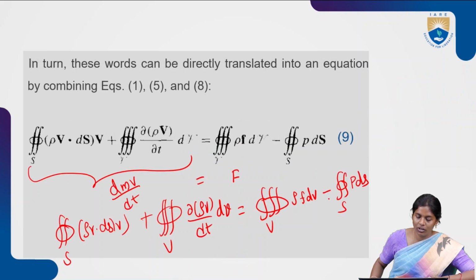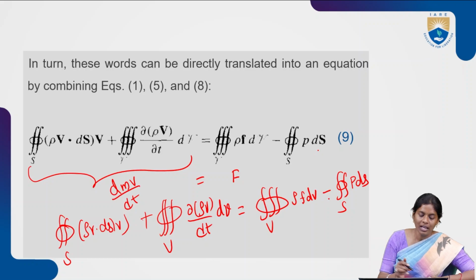So the overall equation has the surface integral of rho V dS times V, which is the change in momentum on the surface, and here we have any fluctuations or unsteadiness inside the control volume fluid. That is equal to the body forces and the surface forces acting on the boundary.